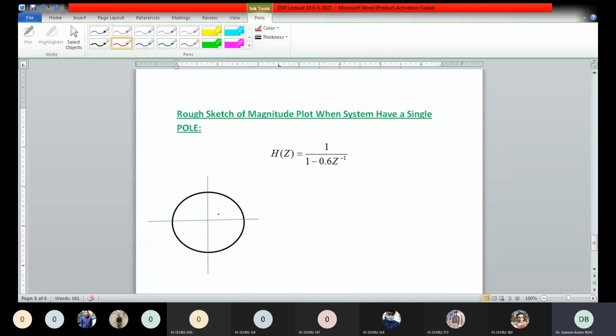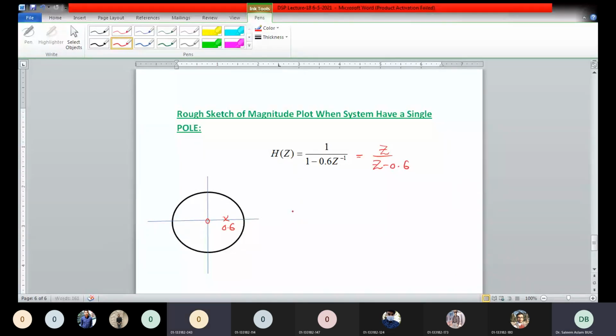So it's sort of a reverse system. You have a pole at 0.6, and at the origin you have a zero, because when you open this up it would be z over z minus 0.6. Right, so what would be the minimum and the maximum value of this system?